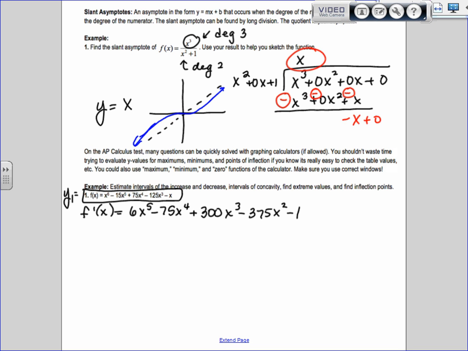Okay, and it's all in for y1. Now you can hit graph and you can try to find the maximum, like the max and min and so on. But when I graph it right now, it's looking like I can't see all of it. Because I have my negative 10 to 10 window. So we need to adjust the window.